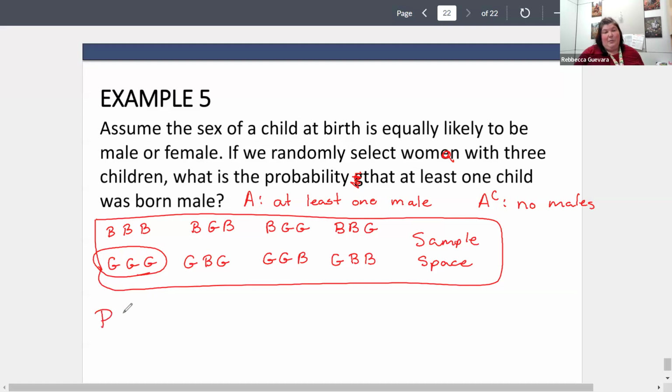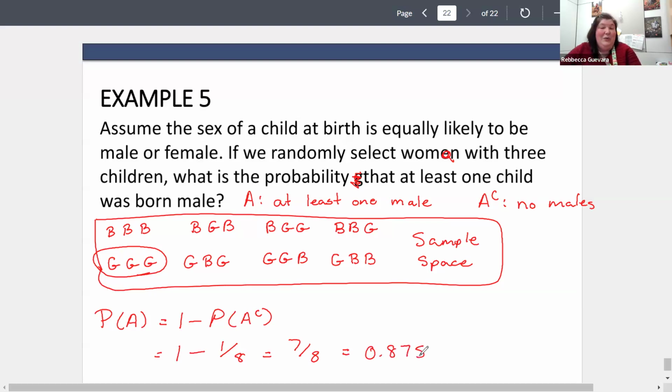So to figure out the probability of a male, all I have to do is 1 minus the probability of no males. So 1 minus, we have 8 outcomes, 1 out of 8. That means 7 out of 8 have at least one male. It may not have been necessary to do this example this way, but to get us ready for the future, when we're talking about at least one, it's sometimes easier to do the complement of none.